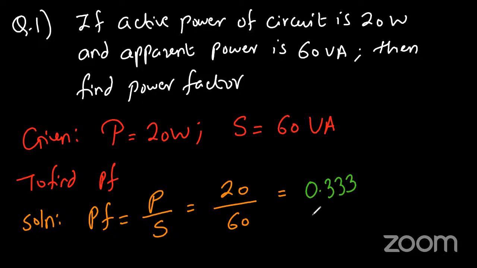At least write 2 digits. That will do. For your point of view, at least write 2 digits. 0.33. It's continuous, but at least write 2 digits. 0.33. This one is a power factor.